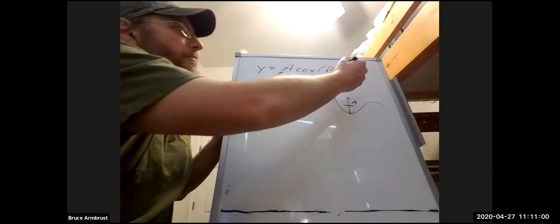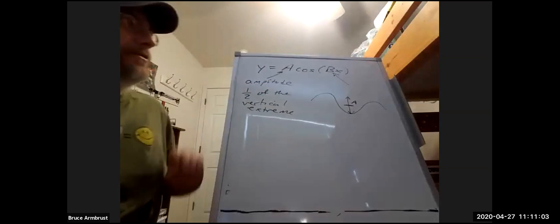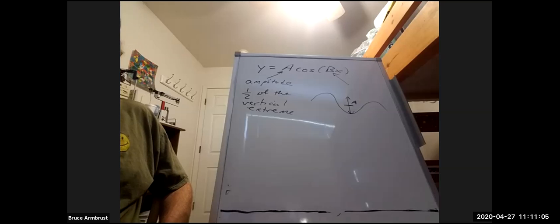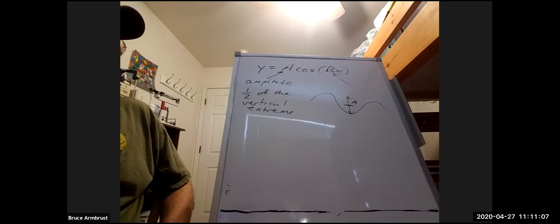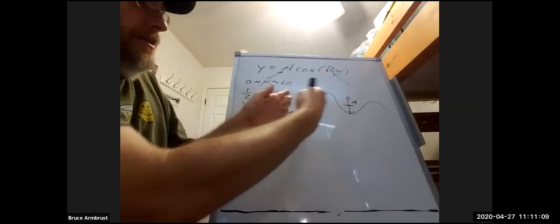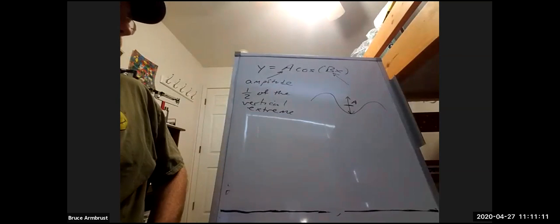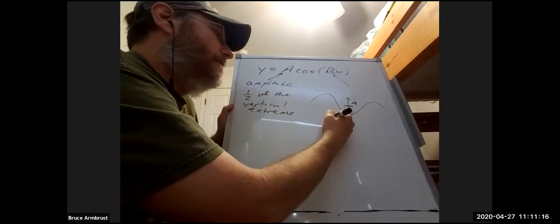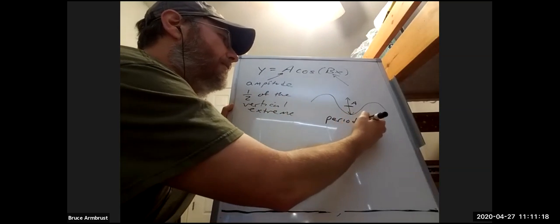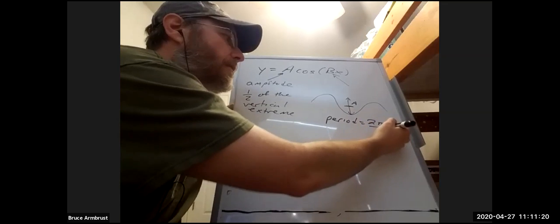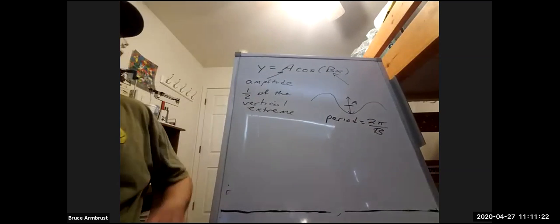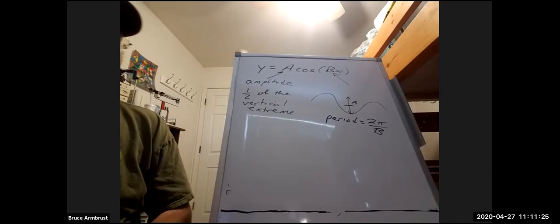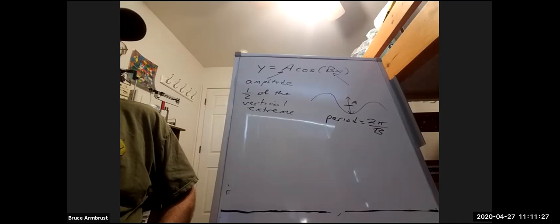And then what we saw with B is a horizontal stretch or compress. And so what that does is pushes it in or pulls it out, and that affects the period. Now, B itself is not the period, but what we find out is that the period is actually equal to 2 pi divided by B. The B just changes the factor of how stretchy this is horizontally.